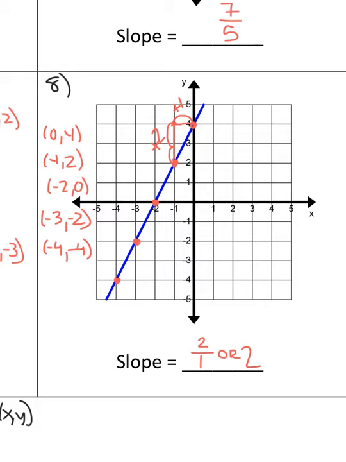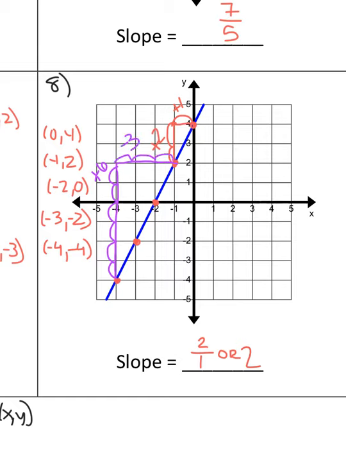Now I'm going to show you, I'm going to change it here. I'll change it to purple. I'm going to draw a purple line that goes from this bottom point, the negative 4, negative 4, up to this point right here. All right, so I do a purple line from negative 4, negative 4 to negative 1, 2. And then I did rise of 1, 2, 3, 4, 5, 6. So that's positive 6 up. And then I did 1, 2, 3.